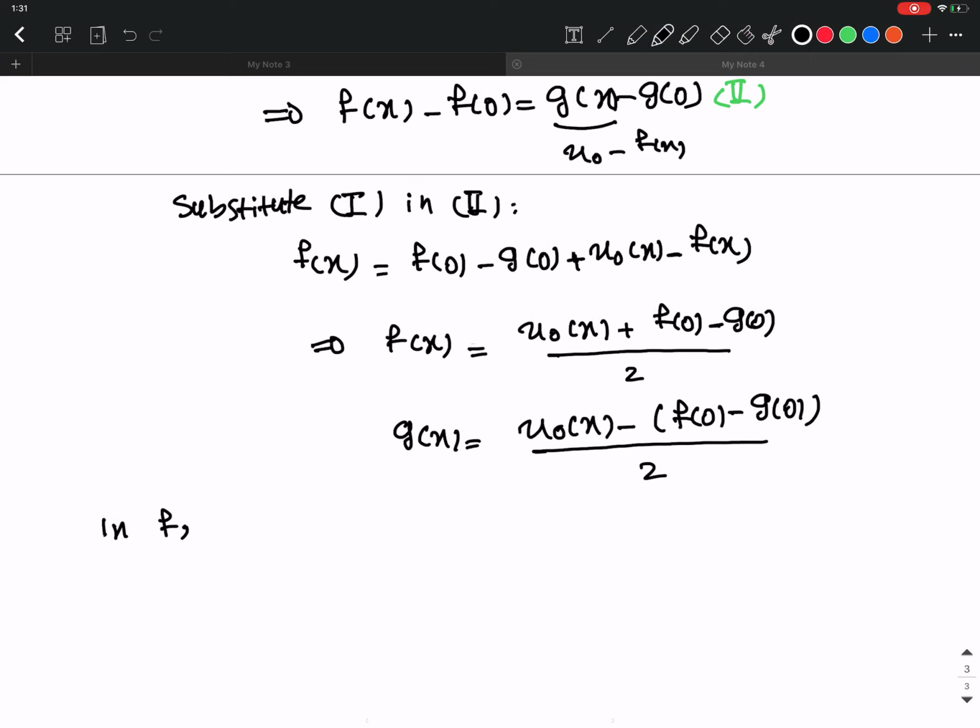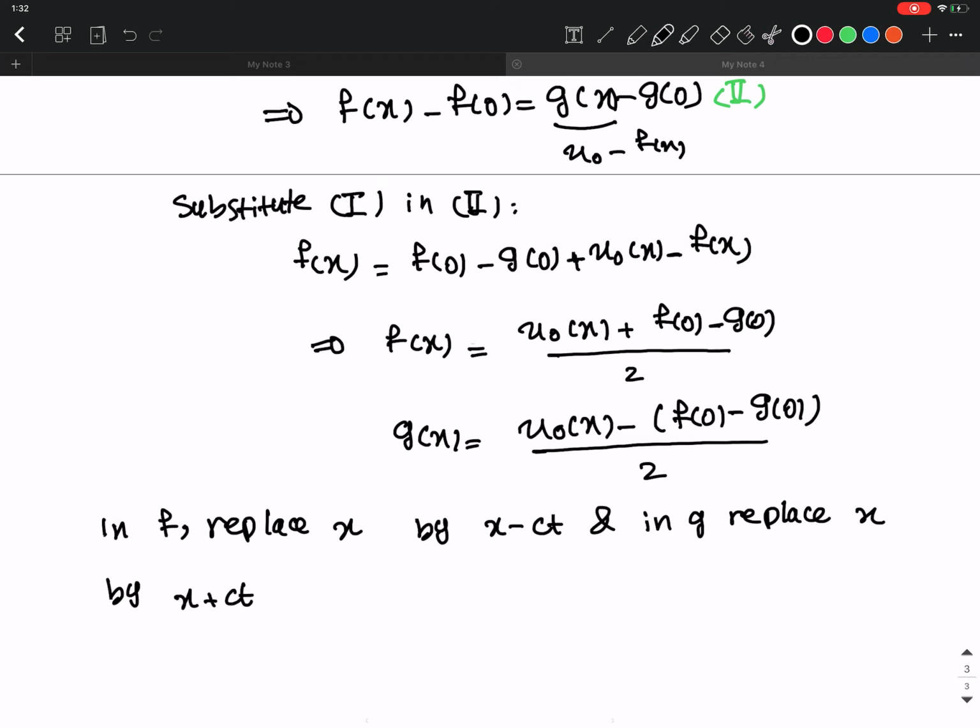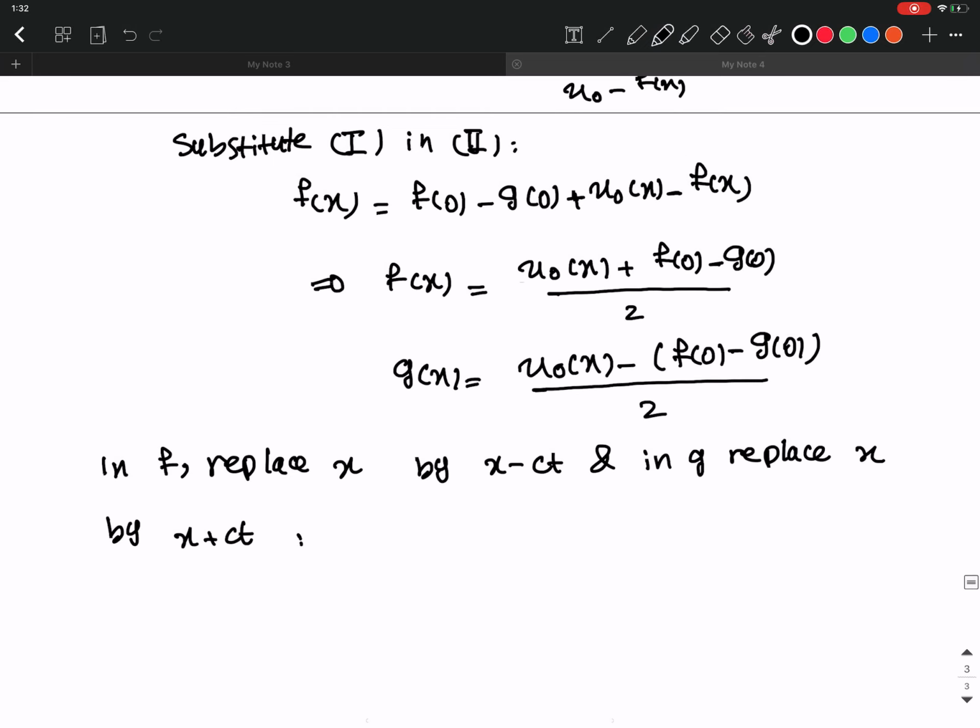So in f, just replace x by x minus ct, and in g, replace x by x plus ct. So then what we are gonna have is this.